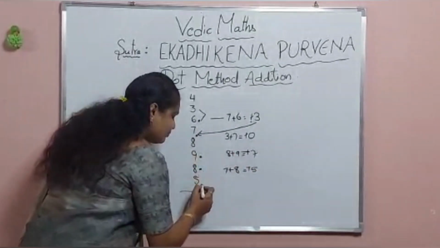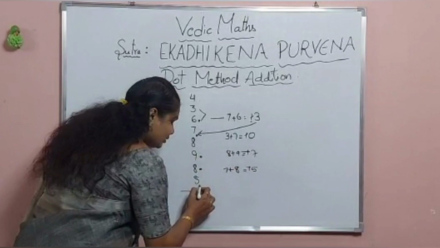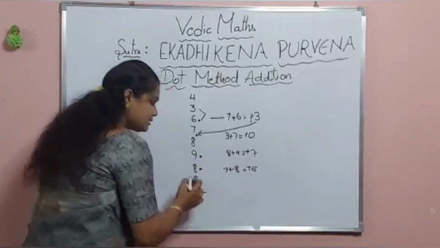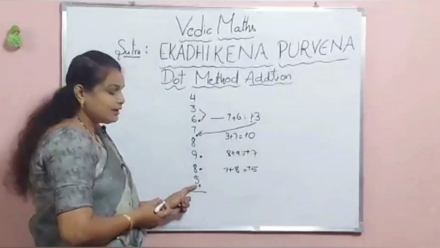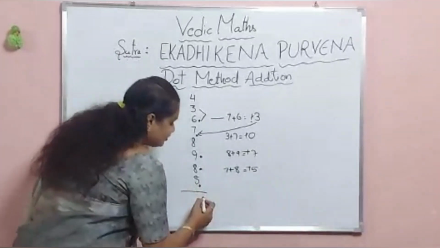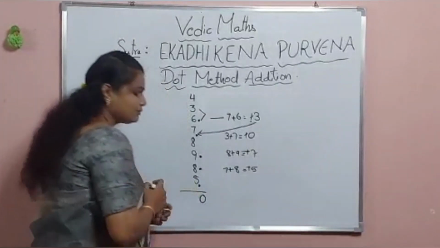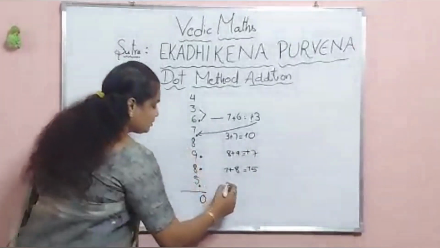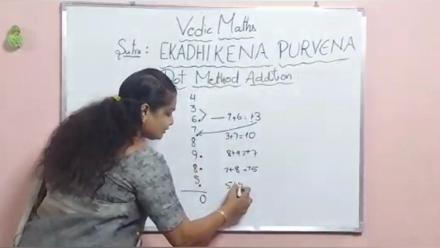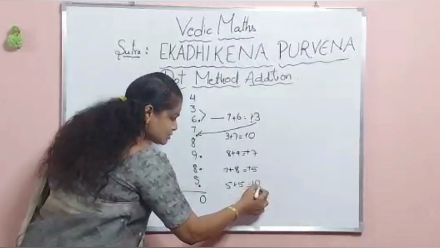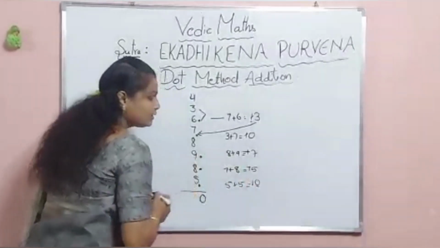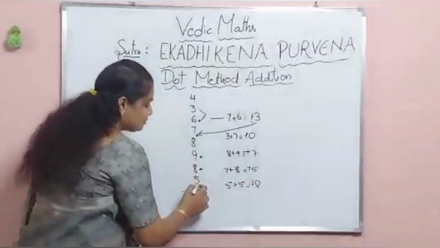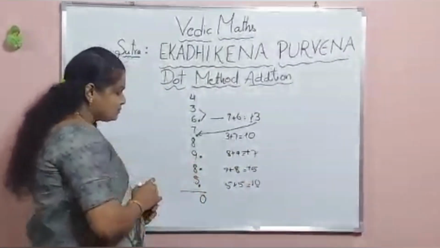That 5 plus 5 is dot 10. 10 is a double digit number, so that's why I have kept the dot. Now write 0 here. 5 plus 5 is 10, so I wrote this 0 here, and instead of the tens place digit, I replaced it with a dot.